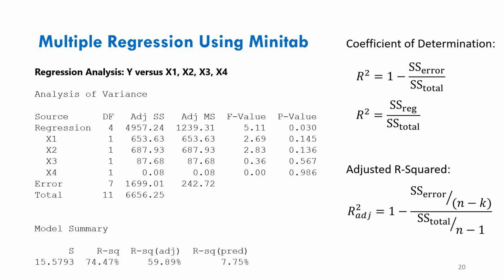Let's say you are comparing a model with 5 independent variables to a model with 1 variable, and the 5 variable model has a higher R squared. Is the model with 5 variables actually a better model, or does it just have more variables? To determine this, just compare the adjusted R square values.